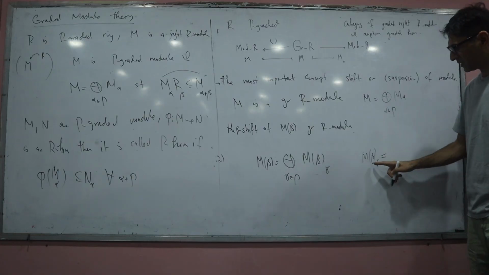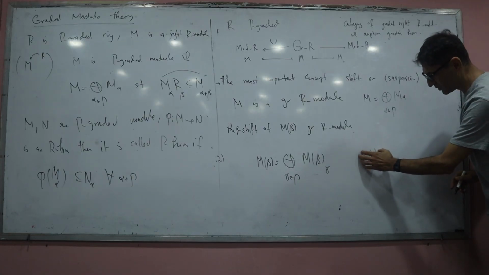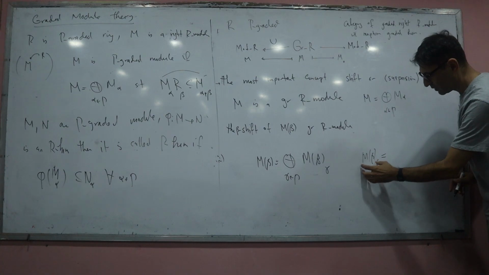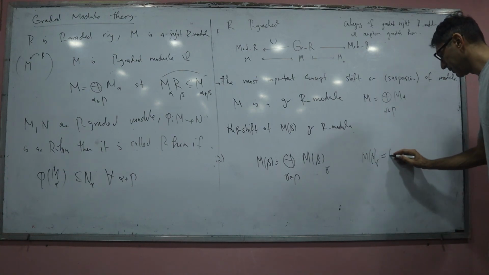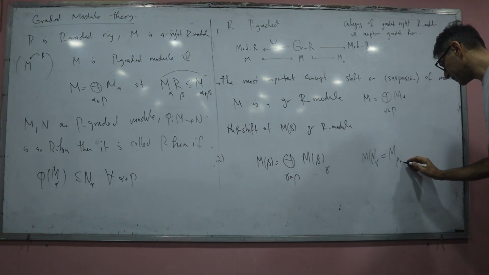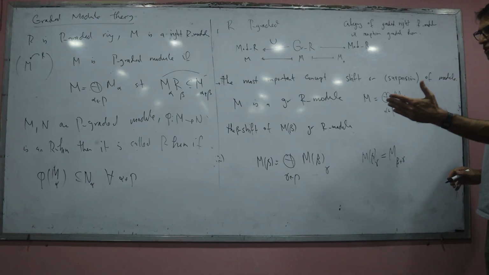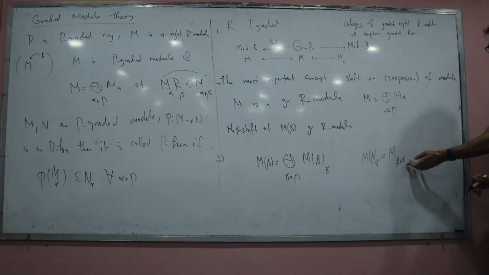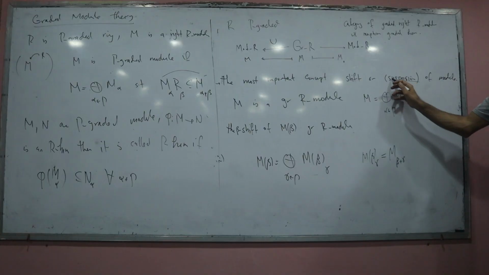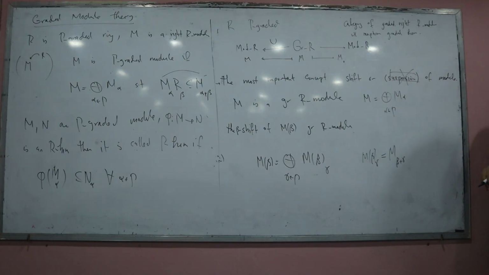This is my new gadget, M beta. Now the component here is M beta plus M. So I'm kind of shifting everything by this much. So this is called the shift of M or suspension. Maybe this comes from topology, but maybe I just dropped it. The shift of M.